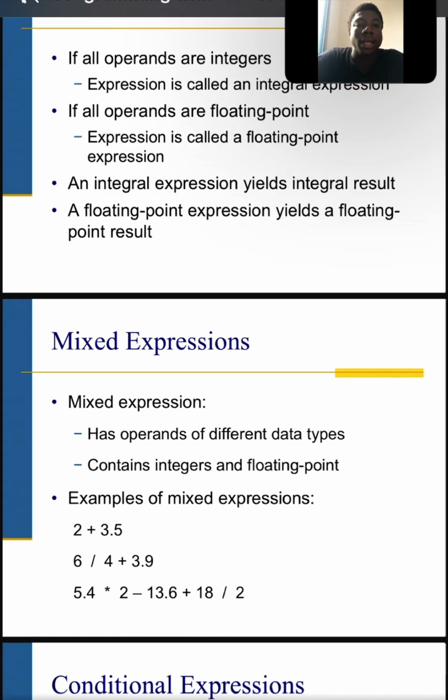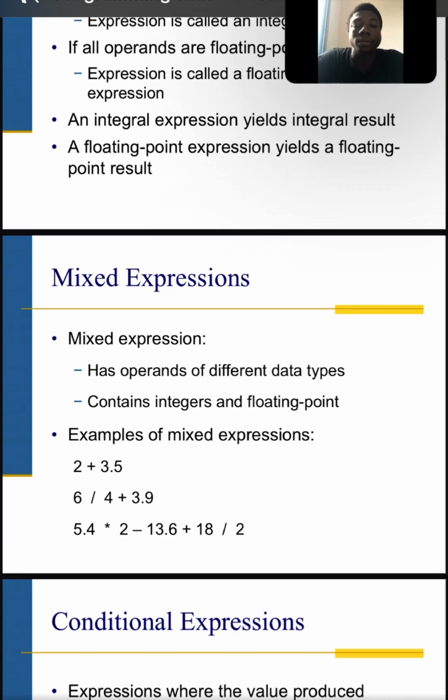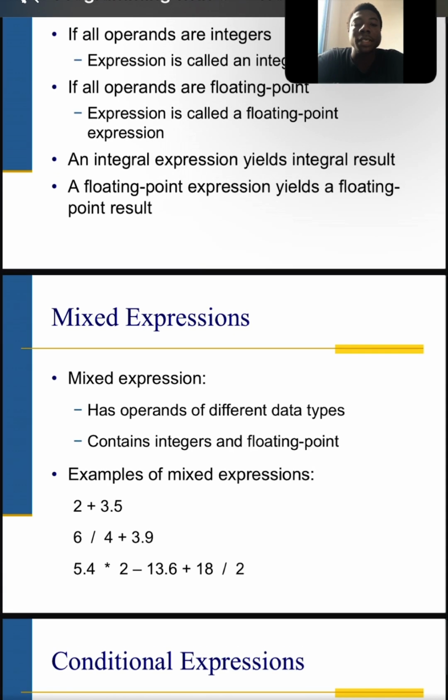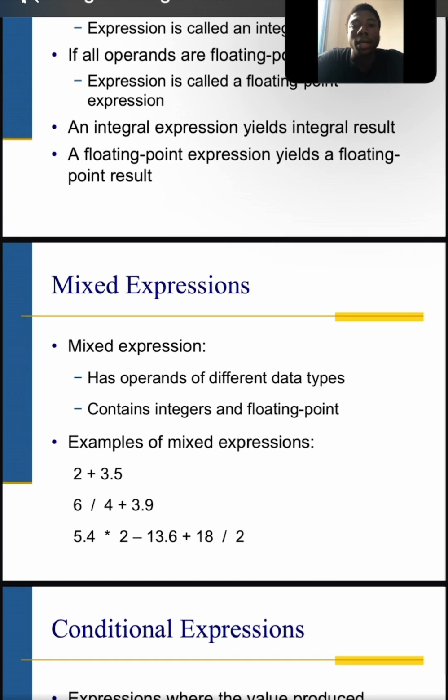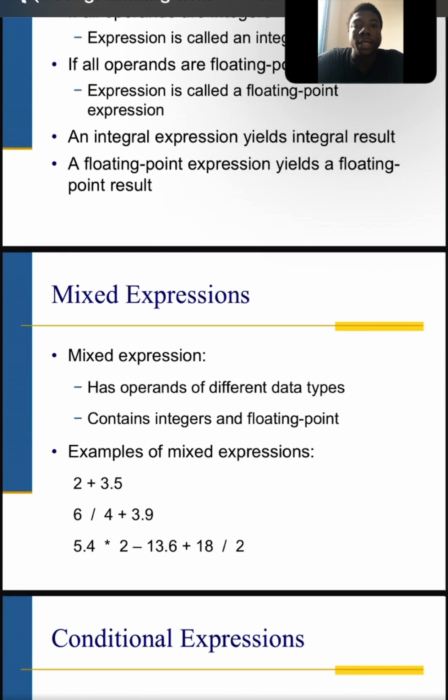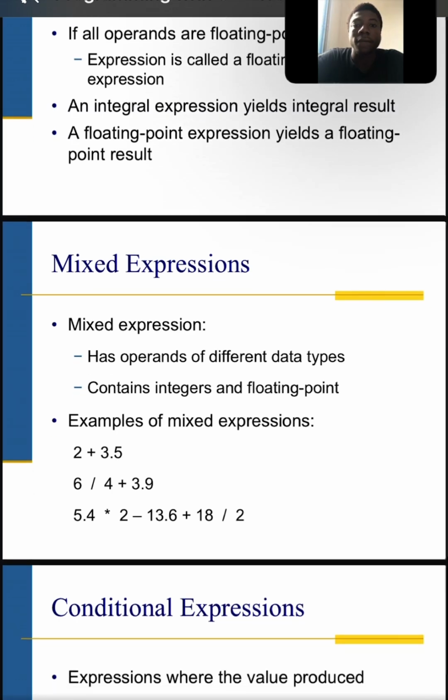With relational expressions, it yields results of type bool, which takes a value true or false. As we said earlier in a previous video, lesson 2, a bool data type is either true or false.